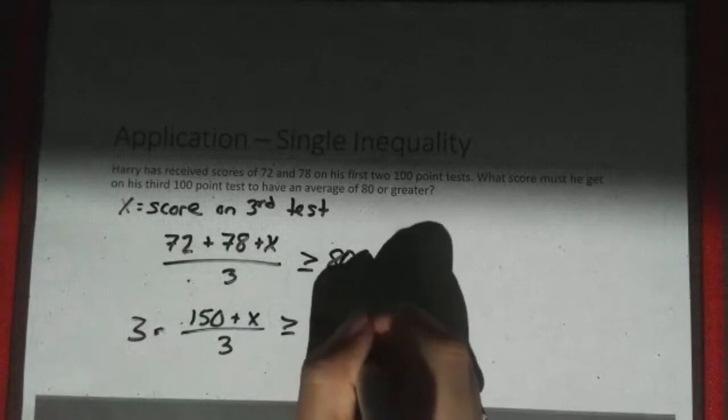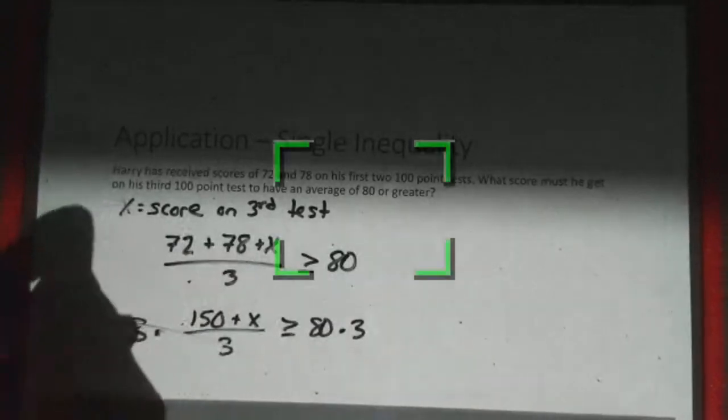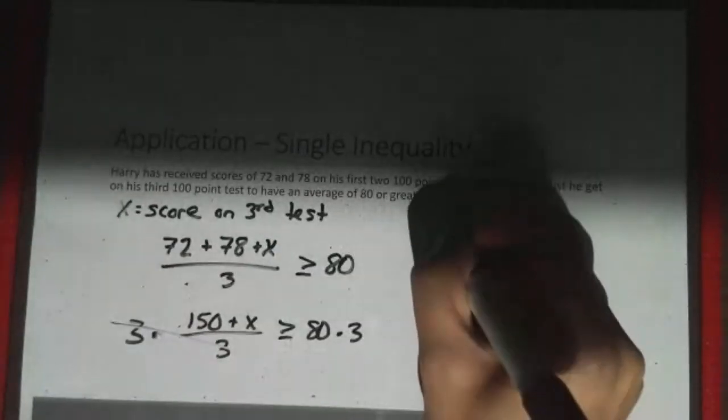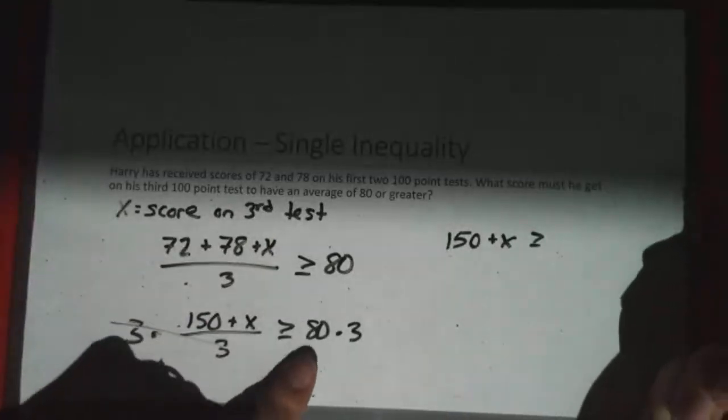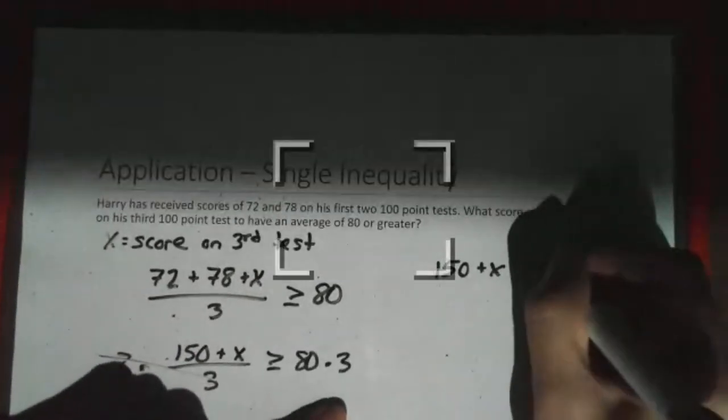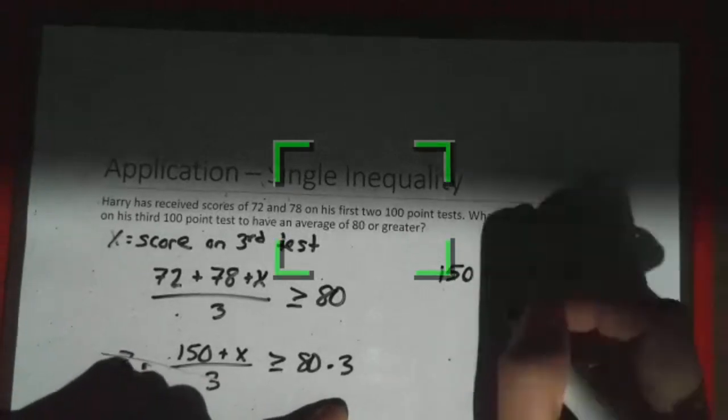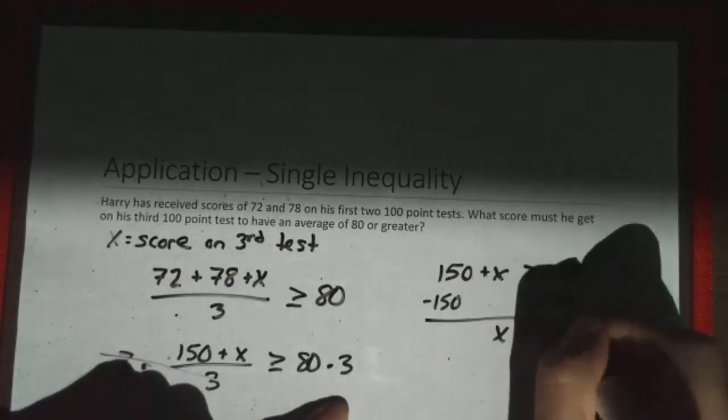So multiplying by 3 on the left and multiplying by 3 on the right, that will undo the division on the left. So we'll have 150 plus x is greater than or equal to 80 times 3, which is 240. And then if we subtract 150 from both sides, we get x is greater than or equal to 90.